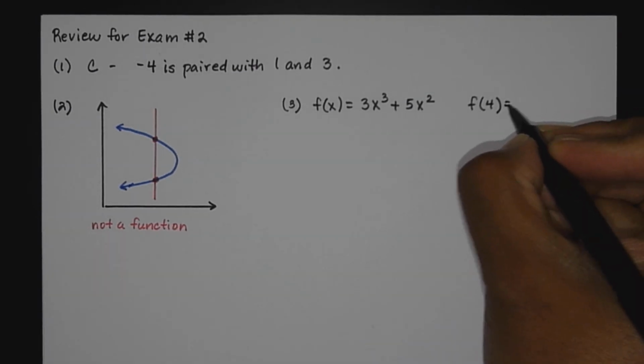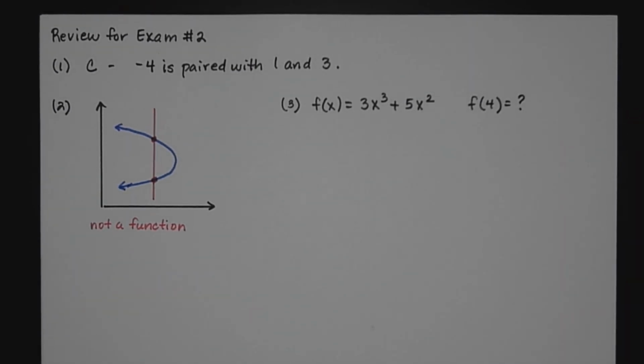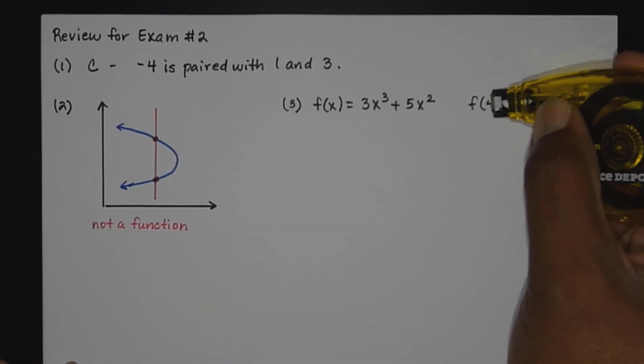So we want to know what the value of that function is when x is equal to -4. Pretty much all we need to do is replace each x with -4.